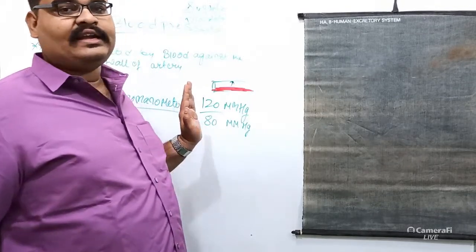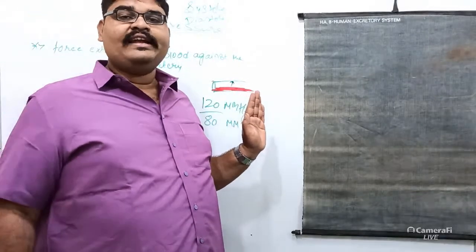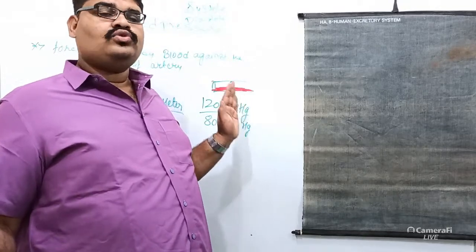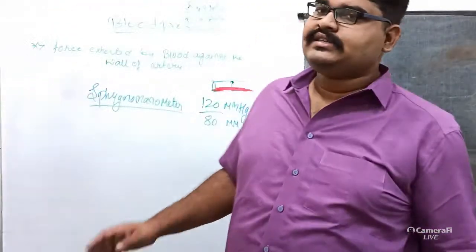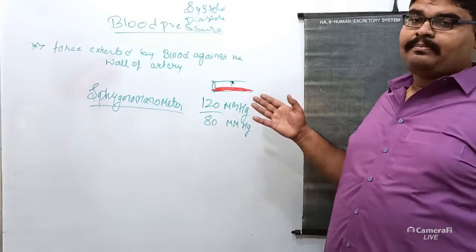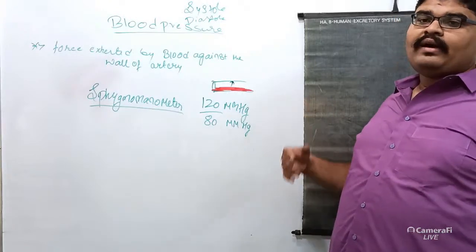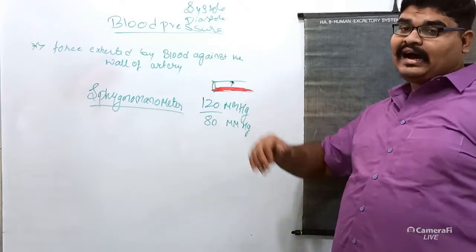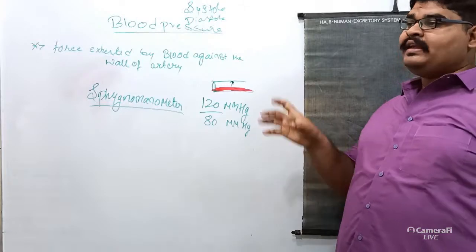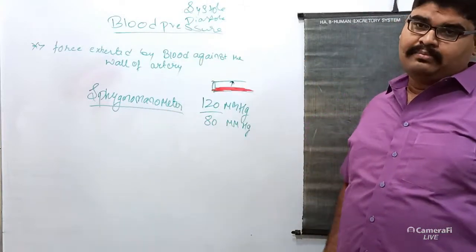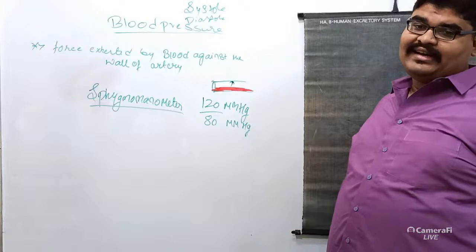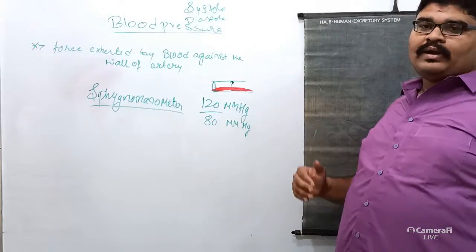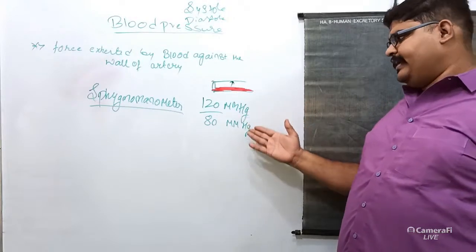Why must this be maintained? Because we need a continuous supply of nutrients as well as oxygen. To keep this supply going, we require the flow of blood, and that flow of blood is pressurized by the heart. When the heart contracts, it forcefully pushes the blood to the various organs of our body, and for that we require a minimum pressure of 120 mmHg.